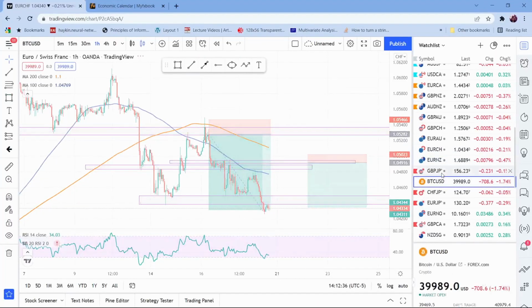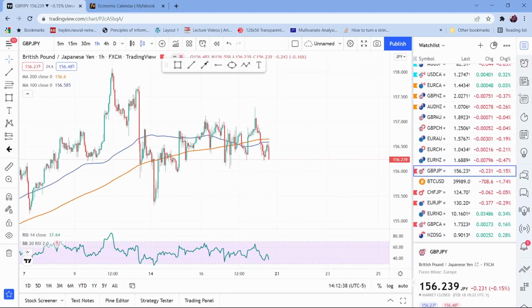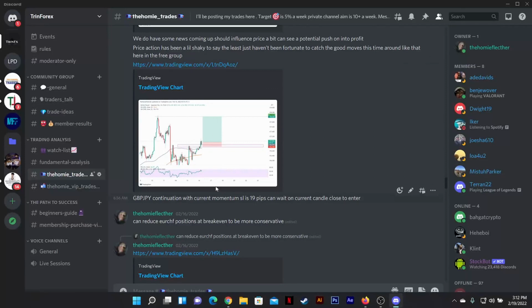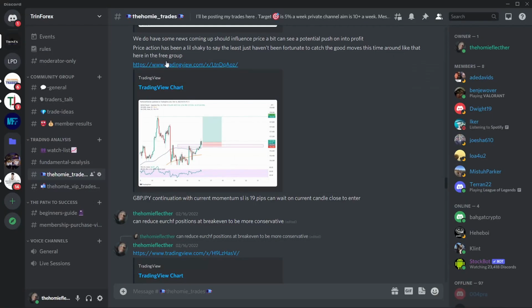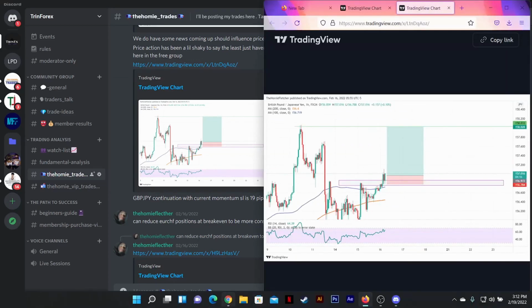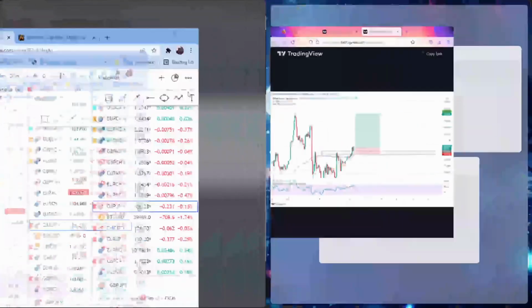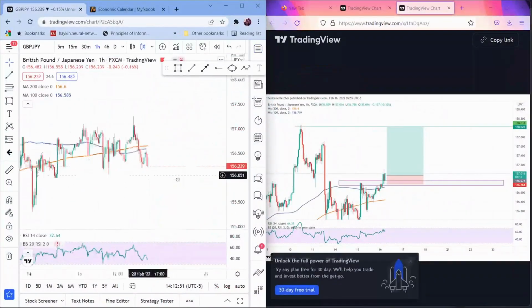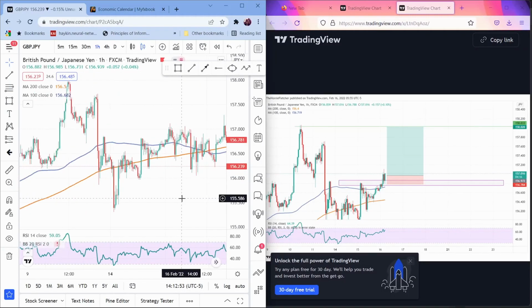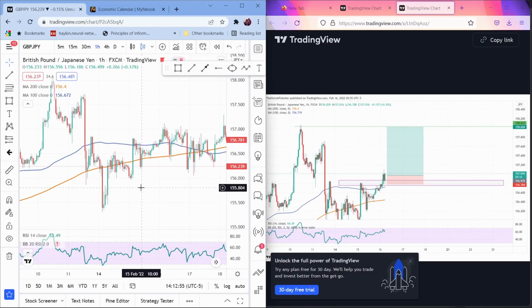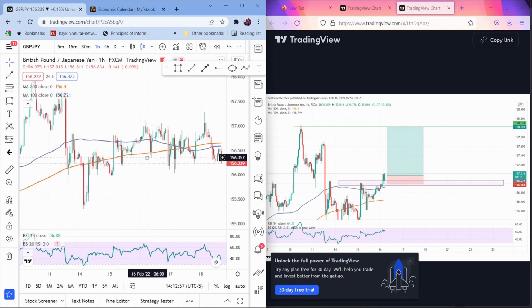Let's look at the JPY real quick. So we are looking somewhere around this area right here.